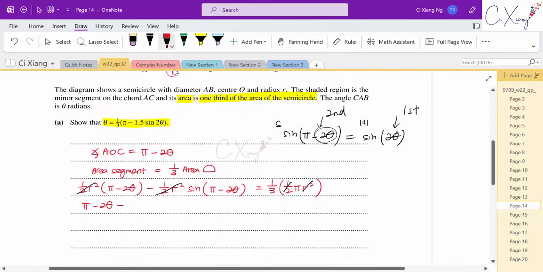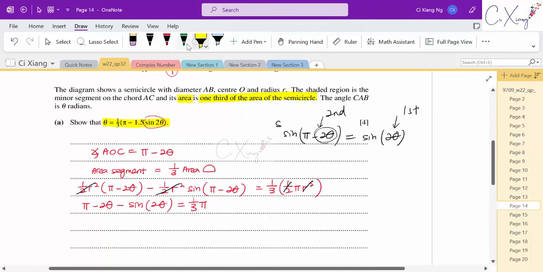Therefore, in my solution here, I will substitute by using sine 2 theta. According to the equation that they want us to show, you can see that sine 2 theta should be on the other side, and theta should be on one side.